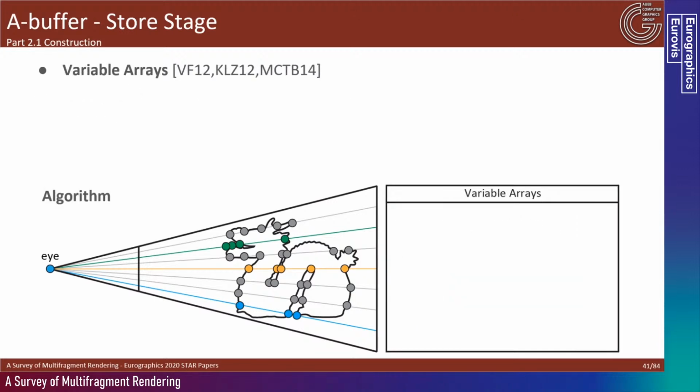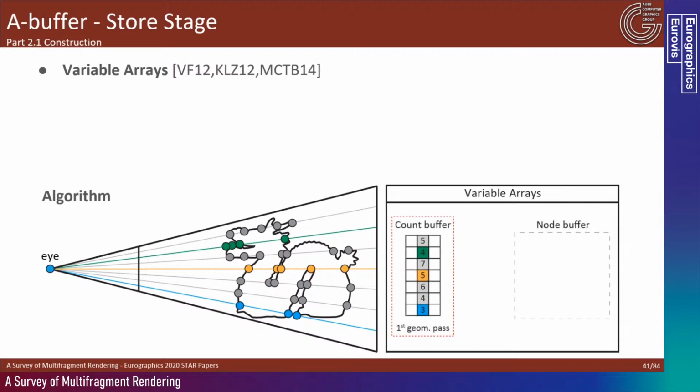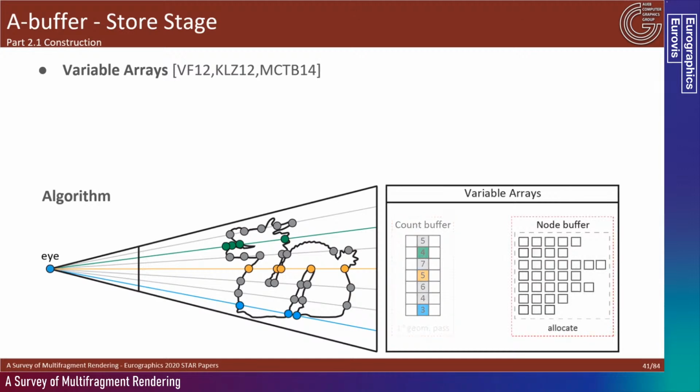Finally, variable size arrays are an attempt to combine the advantages of fixed size arrays and linked list structures. And what this means is that they actually aim to store information in contiguous regions without over-allocating memory space. Typically, these methods require two additional passes before the storing stage.